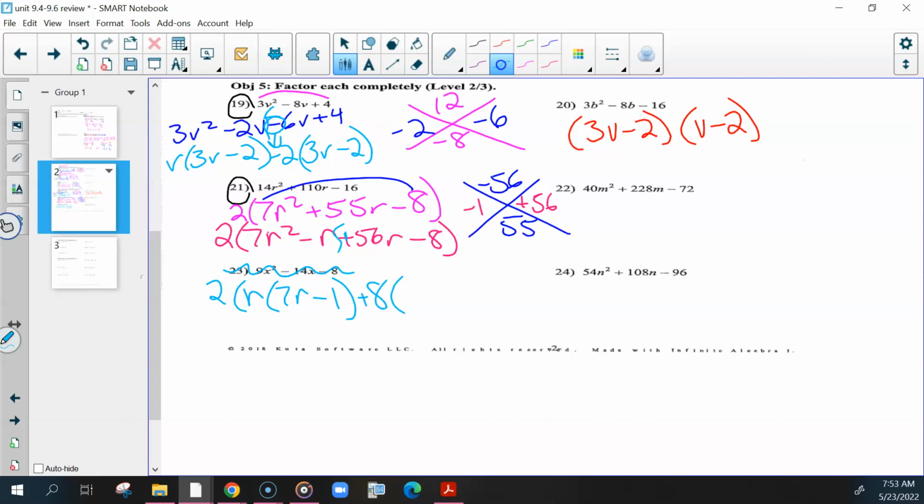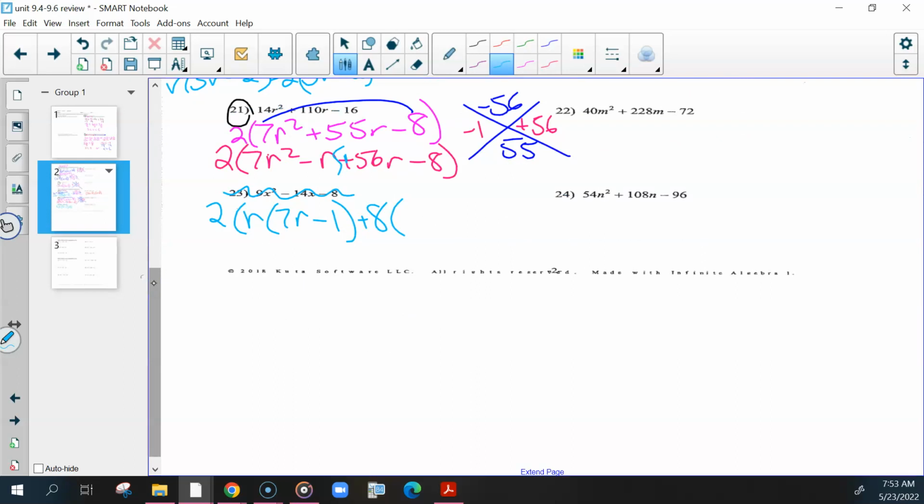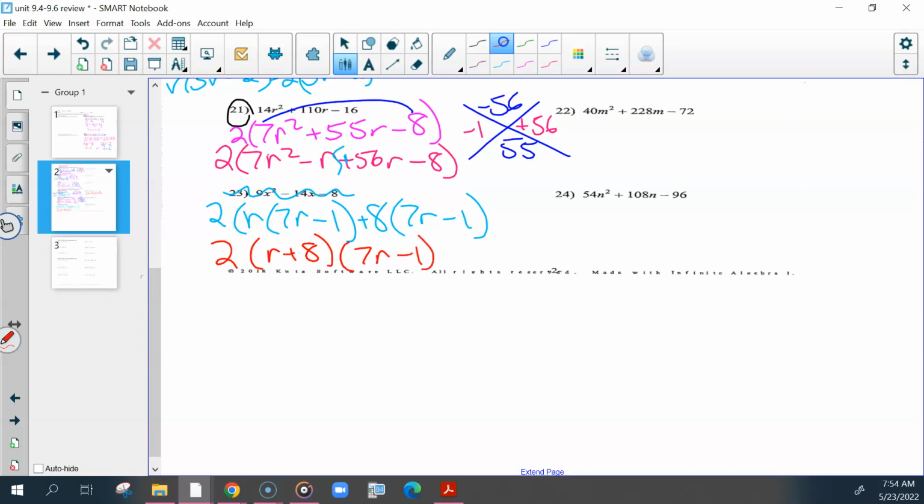And then if we divide out 8, what do we have? 7r and then what would our final answers be? Or if you switch the two factors in parentheses, that's fine.